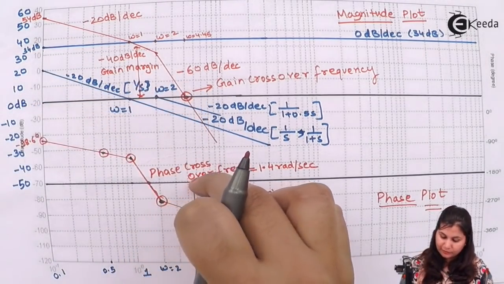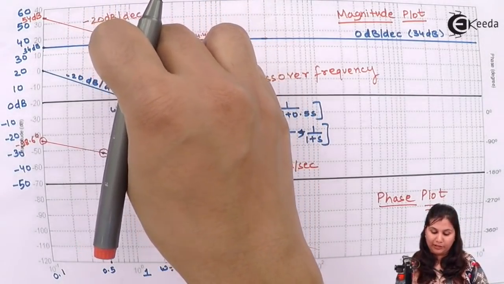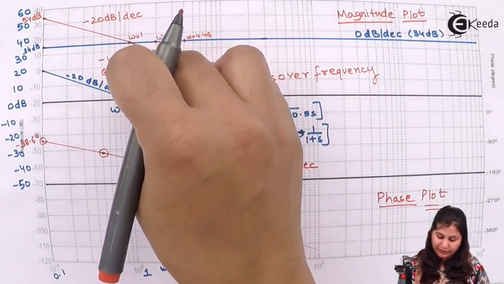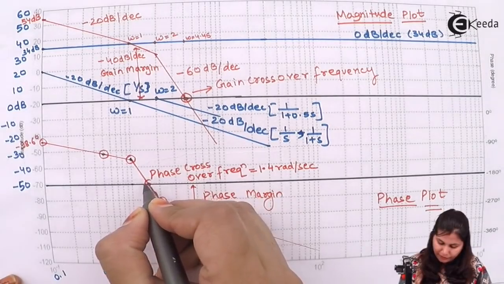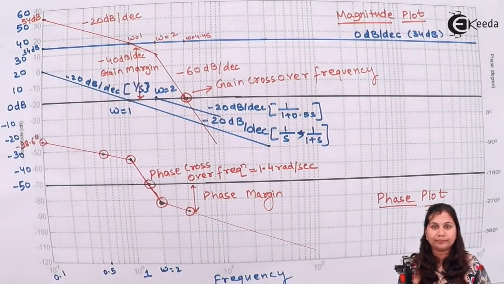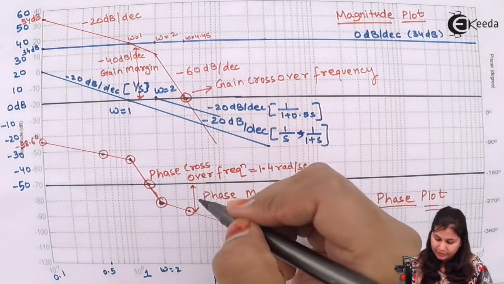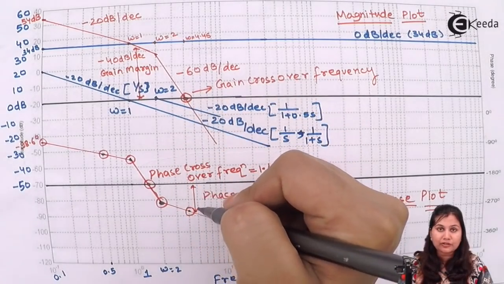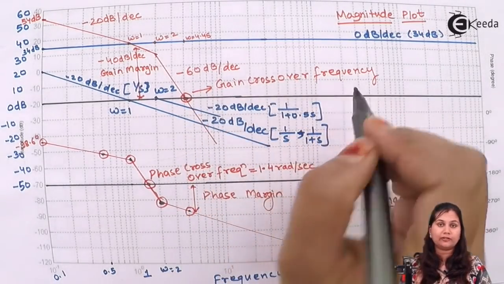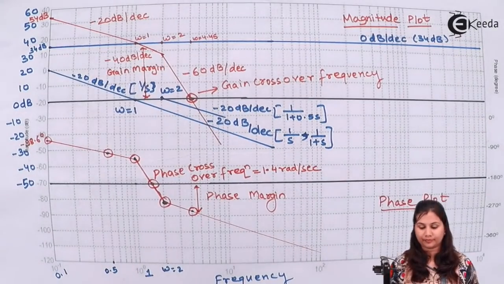So this is the phase margin and this is the gain margin. Gain margin is obtained at the phase crossover frequency, and phase margin is obtained at the gain crossover frequency.